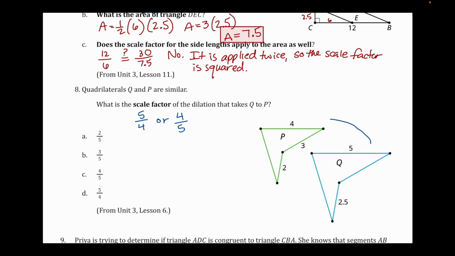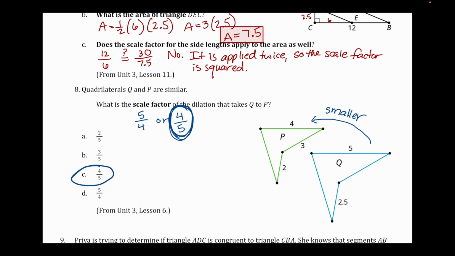If we're going from here to here, this is smaller because we want it to become P. So that's going to be smaller, which means the scale factor has got to be less than 1. So we're going to use 4 over 5 as the scale factor here. So that is answer C.